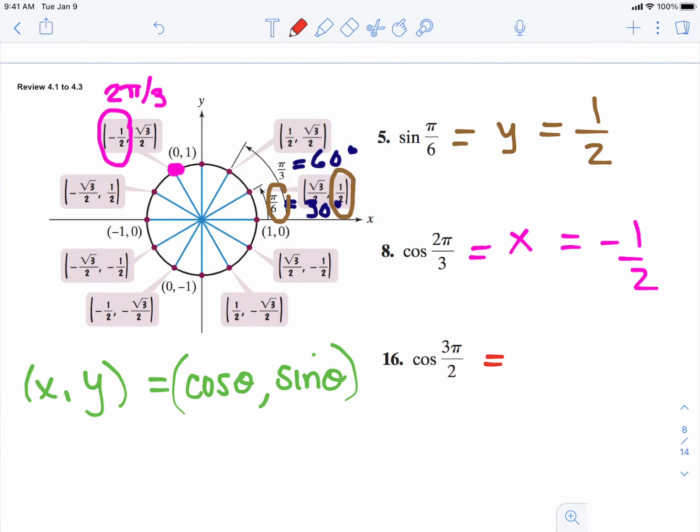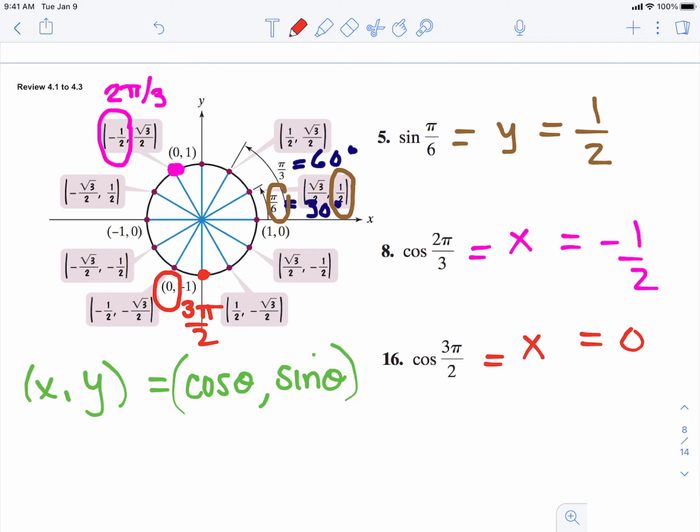Another, cosine of 3 pi over 2. It's your x. So you want to find out where 3 pi over 2 is on the unit circle. It's right here. And that's your x.